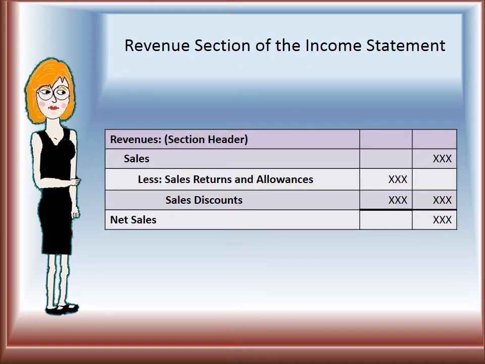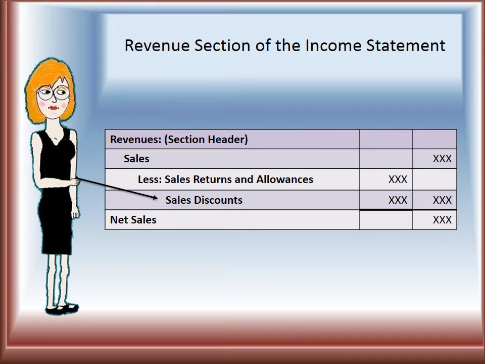Let's start now with the revenues section. We will have a section header, which is revenues. Our revenues are sales, and we will place that amount in the right-hand column, less sales returns and allowances and sales discounts.